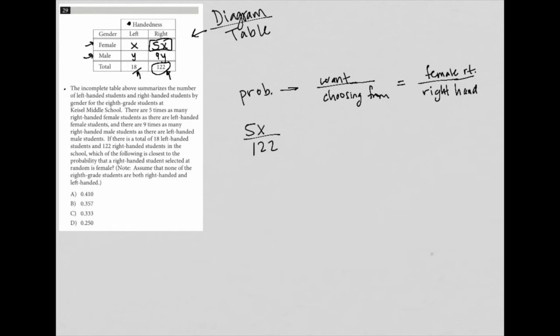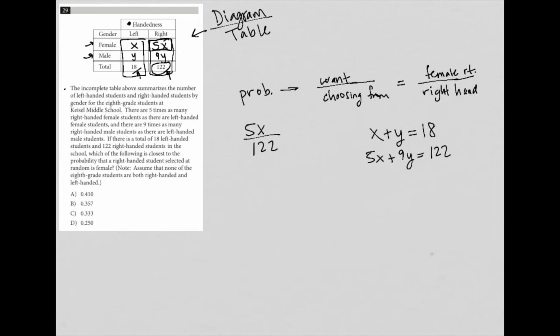So the other thing that I notice about this table is that the data here can be written in equation form, right? I can say that x plus y is equal to 18. And I can also say that 5x plus 9y is equal to 122. So doing so allows me to treat this as a system of equations, which is exactly what it is.